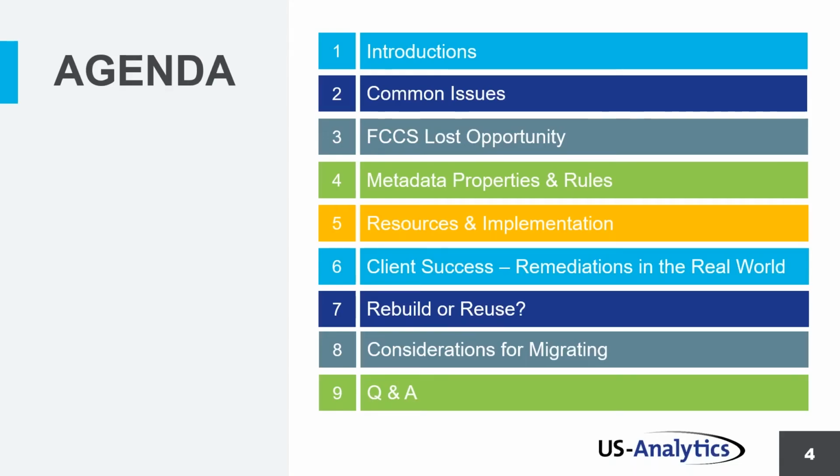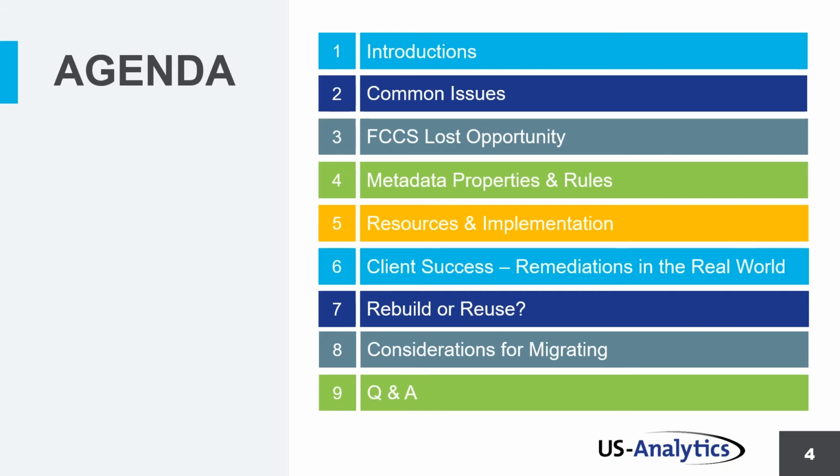Hi guys. So we are going to talk through some of our experiences around early adopter FCCS implementations. So I'll just talk to you some about the common issues, as well as some of the lost opportunities we've seen. And then we'll get into a little bit of technical detail.